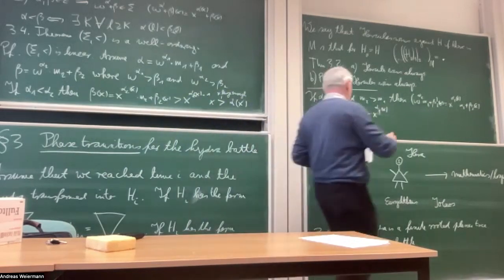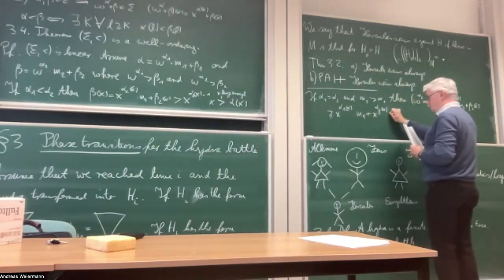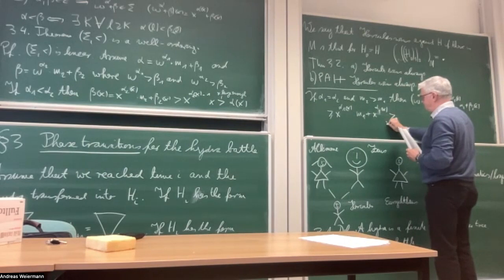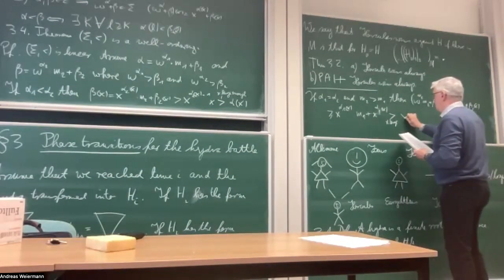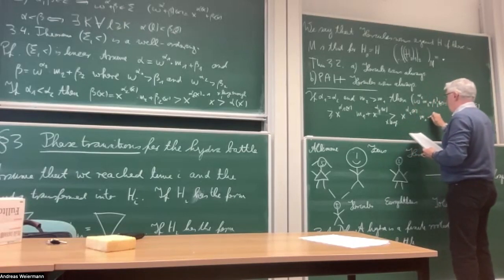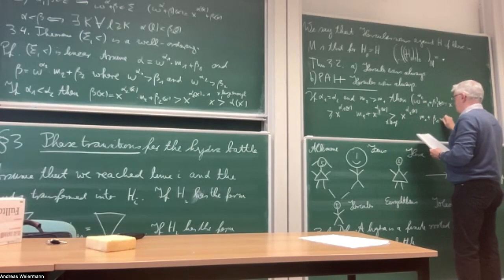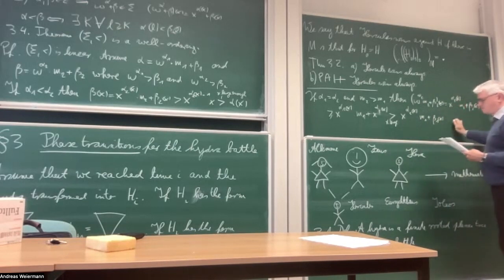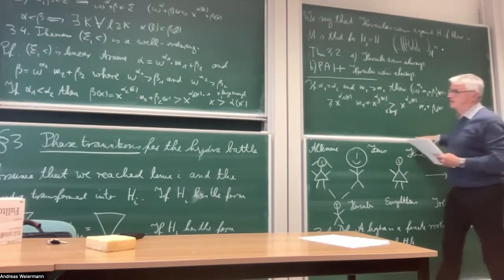So eventually, this one is bigger than beta 1 of x. So we get here x to the alpha 1 of x times m1 plus beta 1.